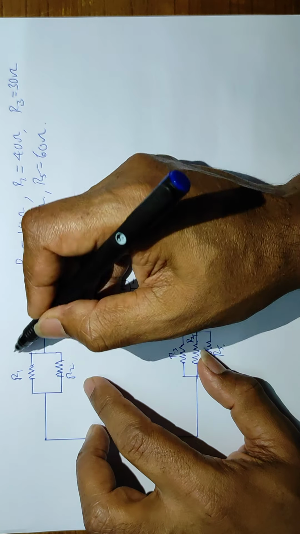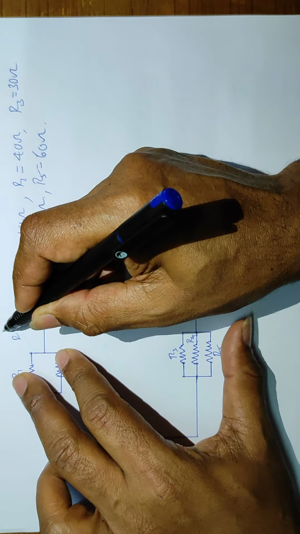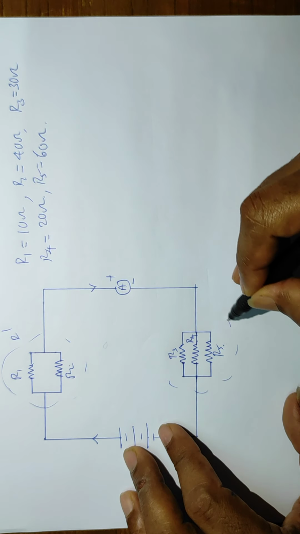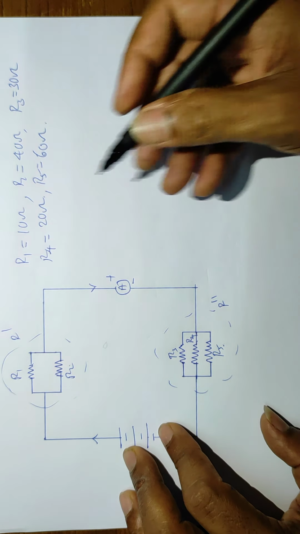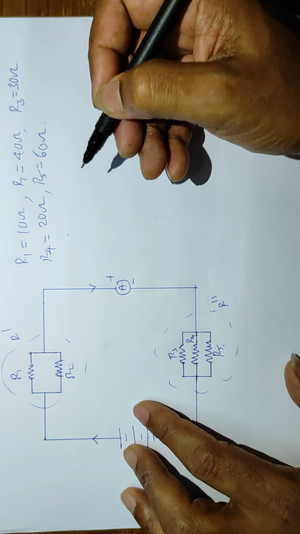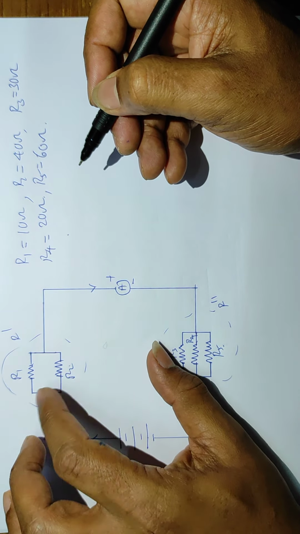I call the equivalent resistance of this combination R dash and the equivalent resistance of this combination R double dash. So we know the equivalent resistance of the parallel combination, how to write?